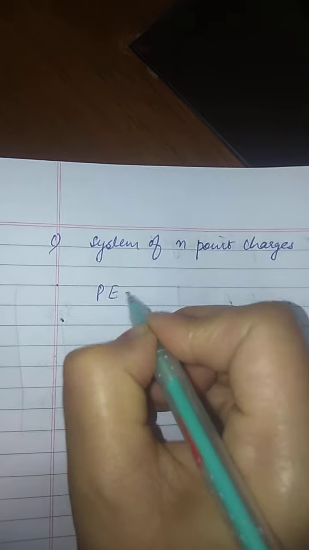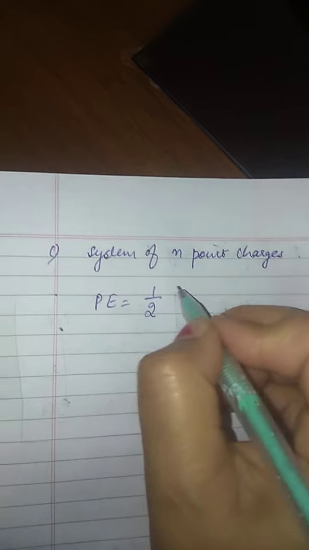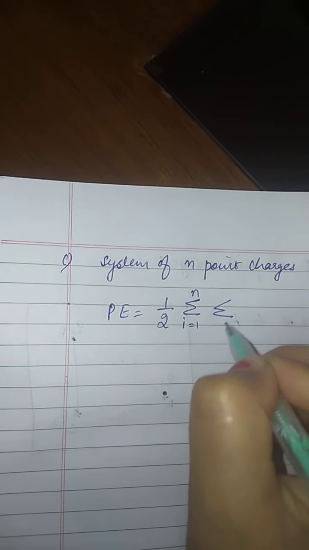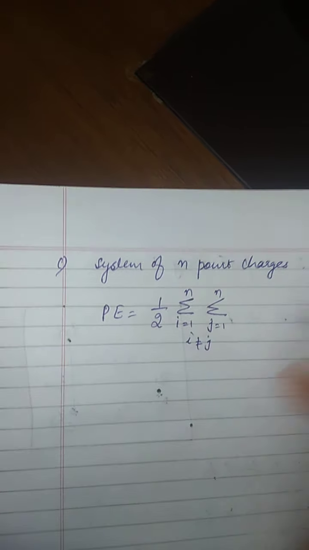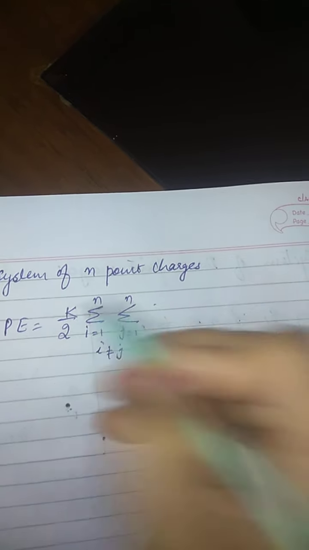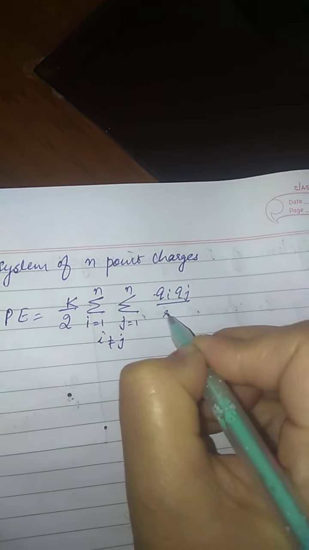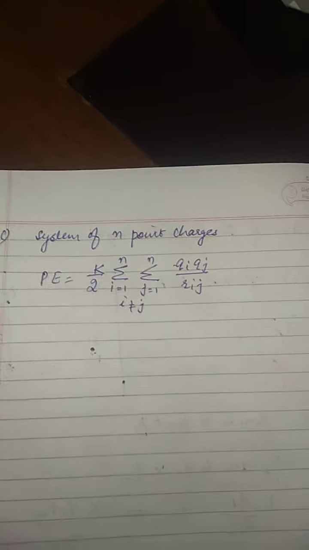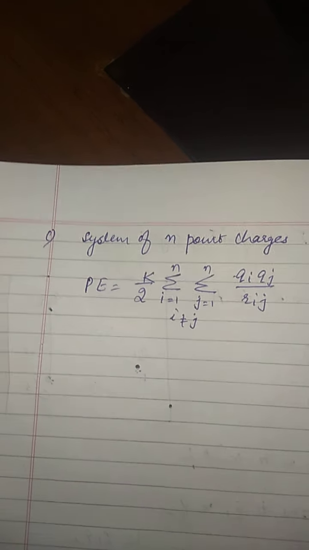So total potential energy of the system will become, half factor is there because of the same explanation, each term will appear 2 times here, summation i from 1 to n, j from 1 to n, i is not equal to j, this is very important, K times Qi Qj over Rij. So this is the potential energy for n point charges in the system.